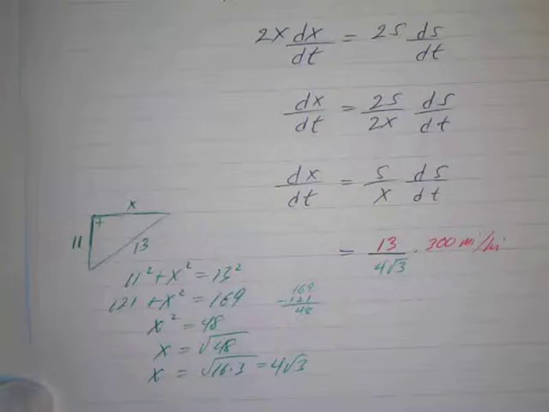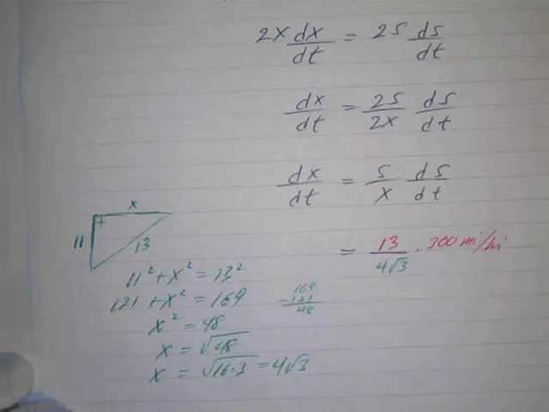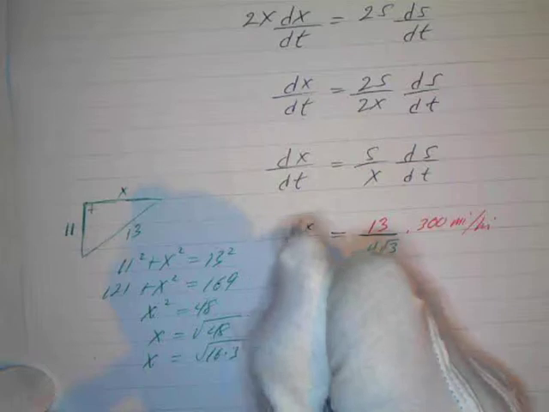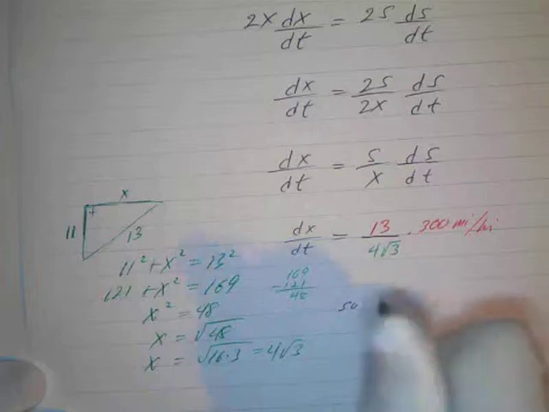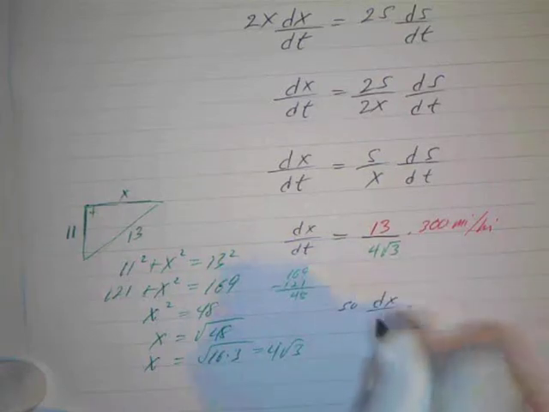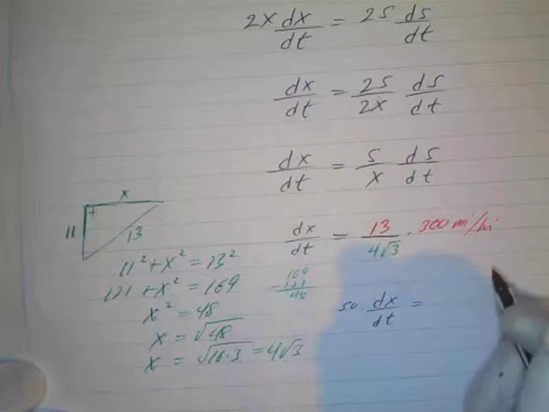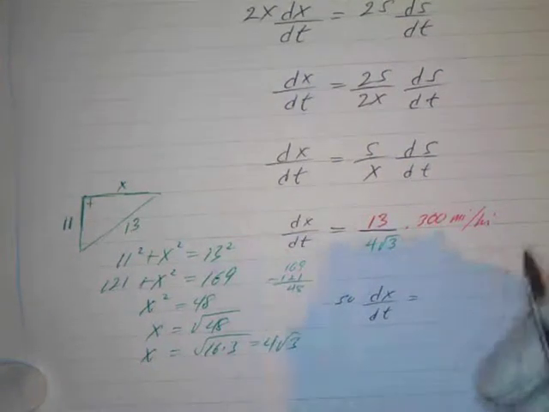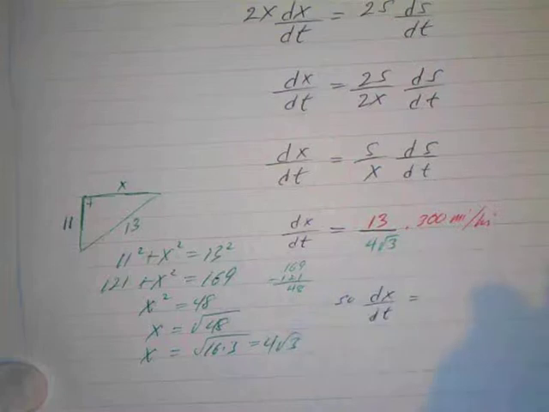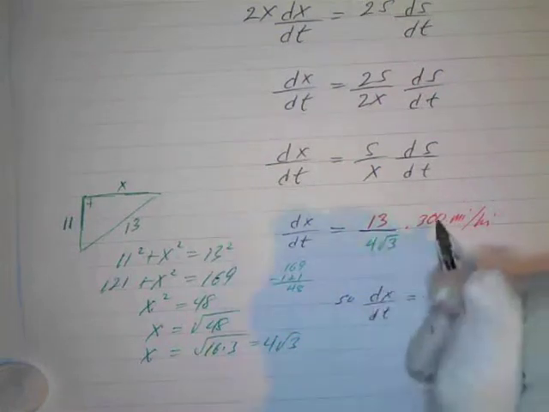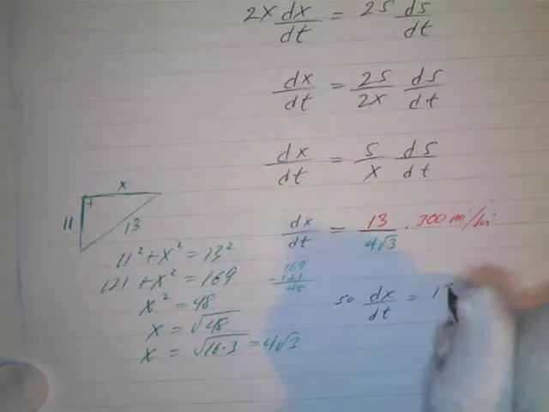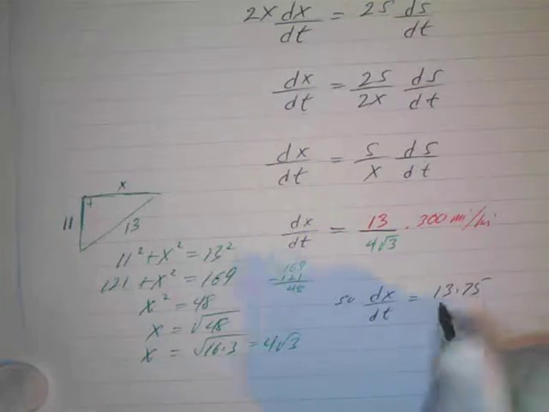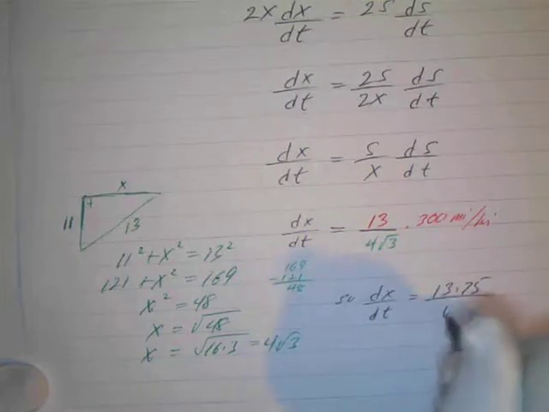Okay, so that's my dx dt. Let's see, we have 13, and these are miles over miles, so I still have miles per hour. And 4 goes into 300 75 times, so it's 13 times 75 all over the square root of 3.